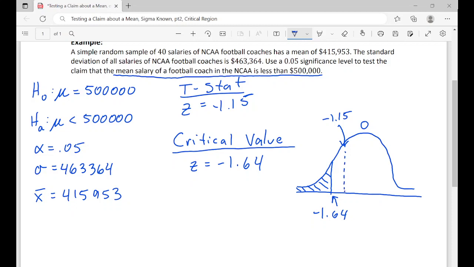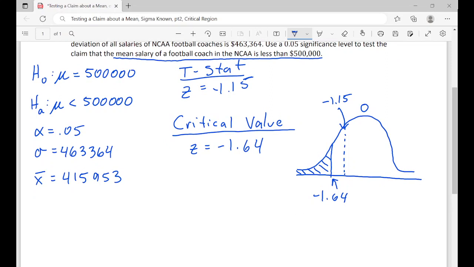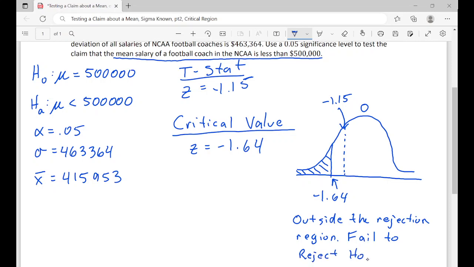So this is outside the rejection region. Since it's outside the rejection region, we say we fail to reject the null.